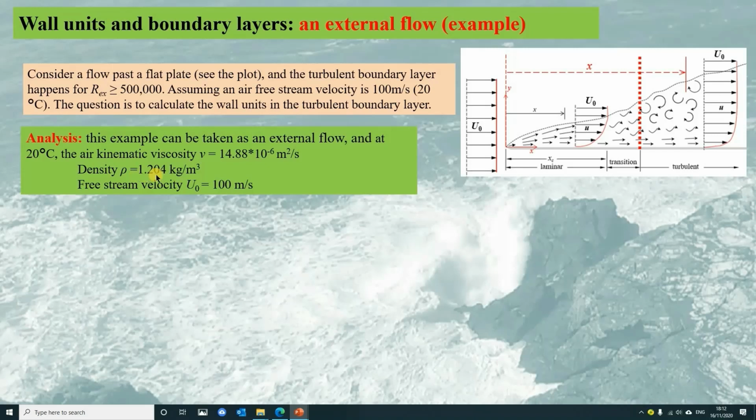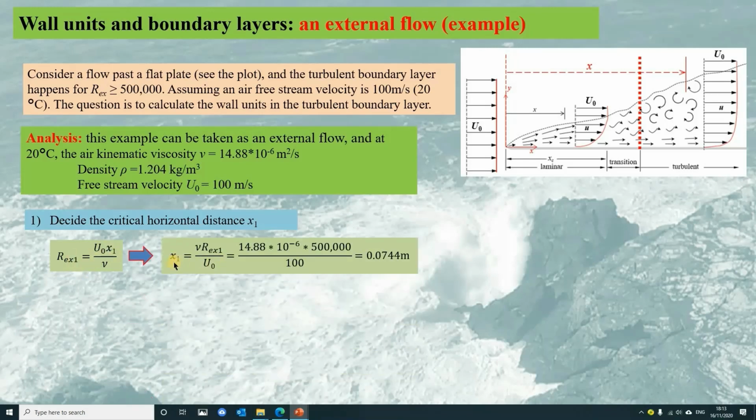And the air density rho is given as 1.204 kg per cubic meter, and the free stream velocity U0 is 100 meters per second. So the first step is to decide the critical horizontal distance x1 based on the critical Reynolds number calculated by this.